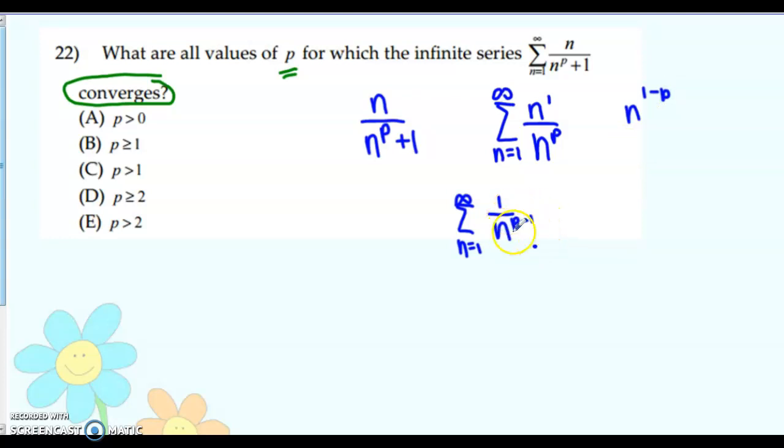Now it's in p-series form, and in order for this to converge, I need p minus 1 to be greater than 1. So I add 1 to both sides, and p has to be greater than 2. Look again, if it were multiple choice, they're really testing whether you know the difference. Here are your two options, and we don't want it to include greater than or equal to 1. We just want it to be greater than 2.